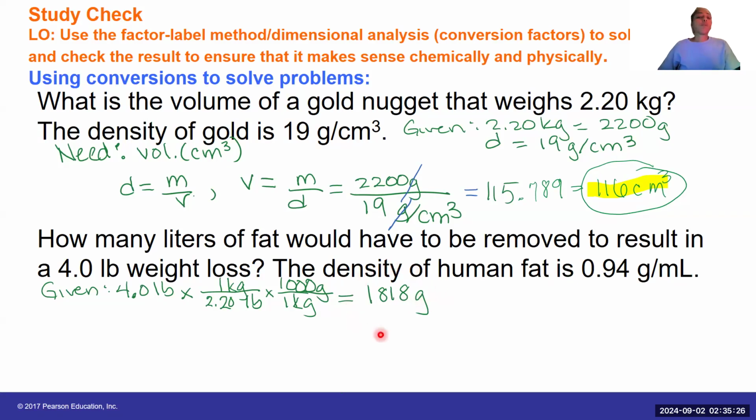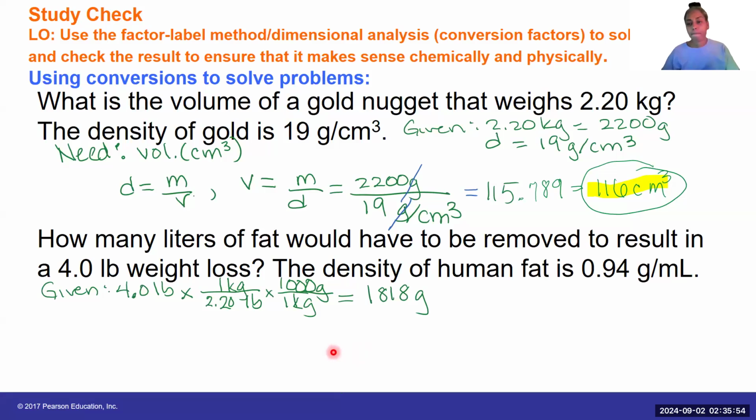We are not going to round off this value here. We're going to hold on to all of these places, although we know that if the question was asking for the mass, we would have to round off to 2 decimal places. Let's hold on to this value so that we can have a more precise value when we get to the end of our problem.